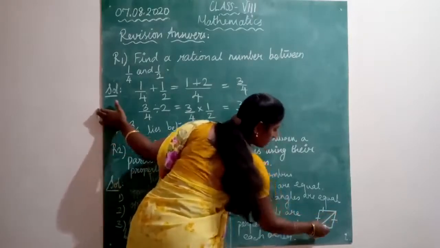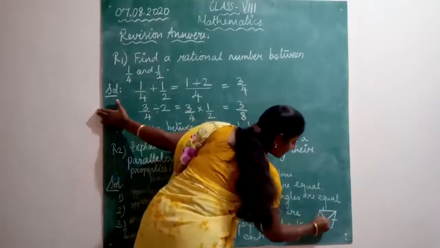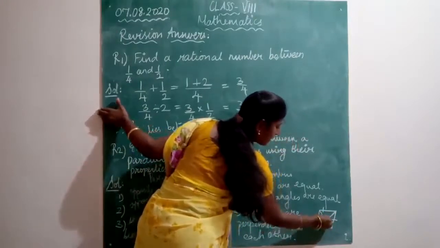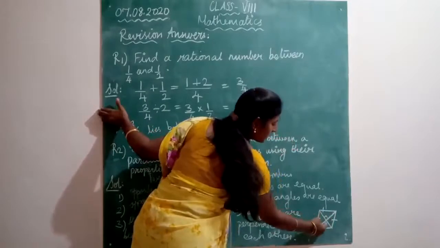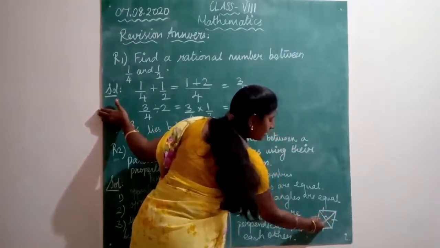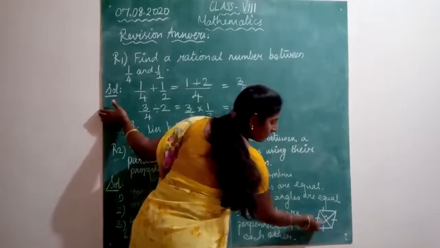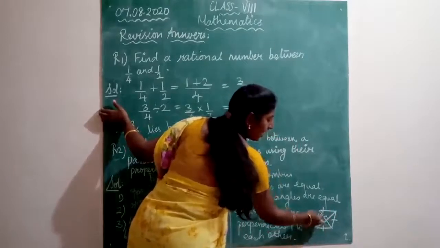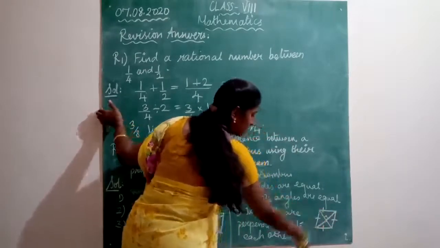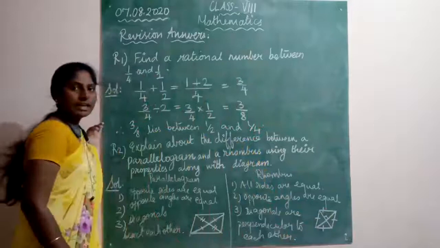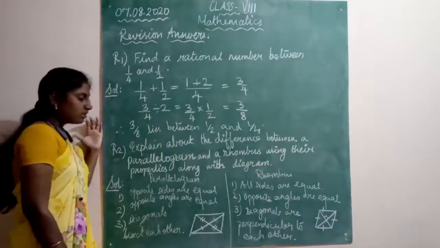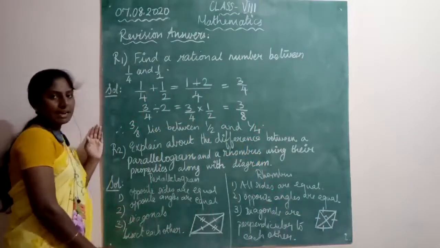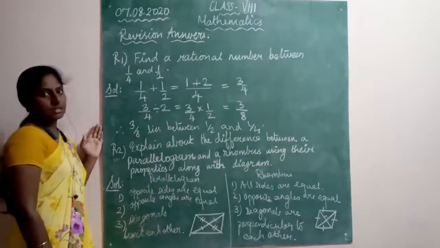Perpendicular means the first diagonal divides the next diagonal at 90 degrees. This diagonal and this diagonal, the angle between them is 90 degrees, in the same way for all four. So diagonals are perpendicular to each other. Is it clear? This is how we differentiate a parallelogram and a rhombus.